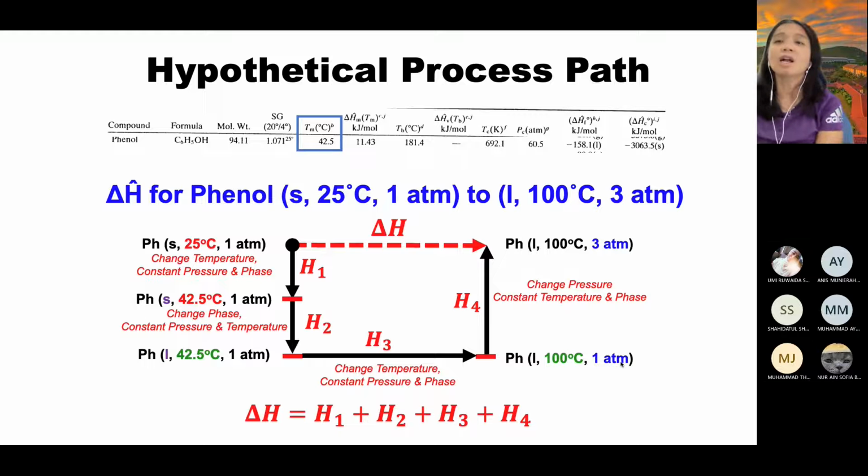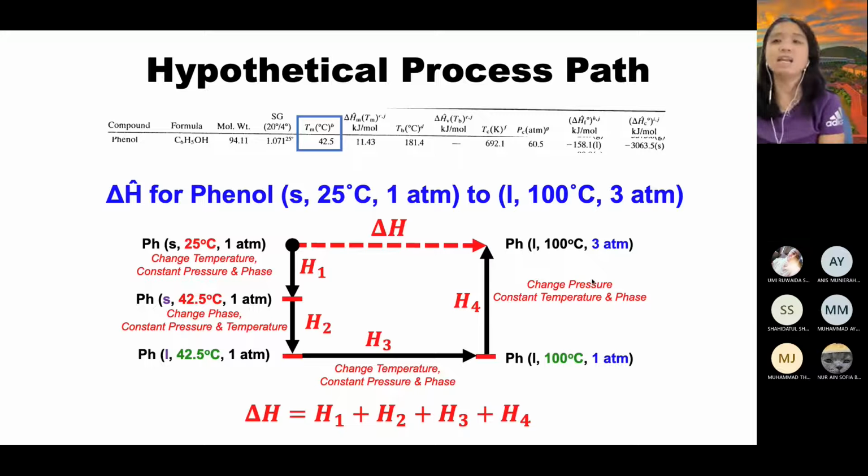Tetapi now, although I already got liquid phenol 100 Celsius 1 atm, it still doesn't fulfill what I need final which is 3 atm. So, saya naikkan pula tekanan untuk mencapai tekanan akhir yang saya perlukan. So, path yang last ni H4. H4 adalah entalpi bila dia berubah tekanan. H3 apabila dia berubah suhu daripada 42.5 kepada 100 Celsius.